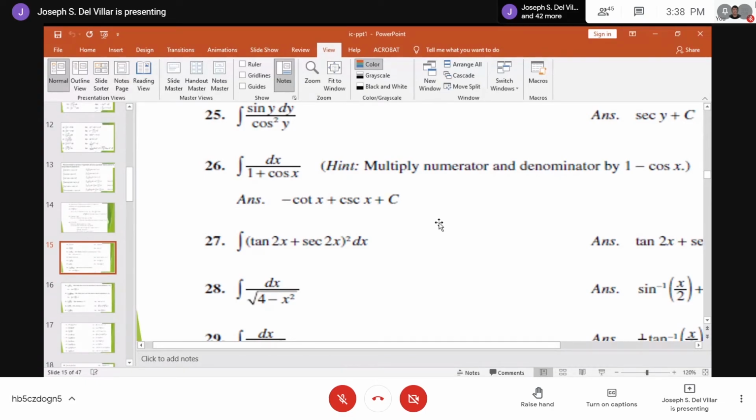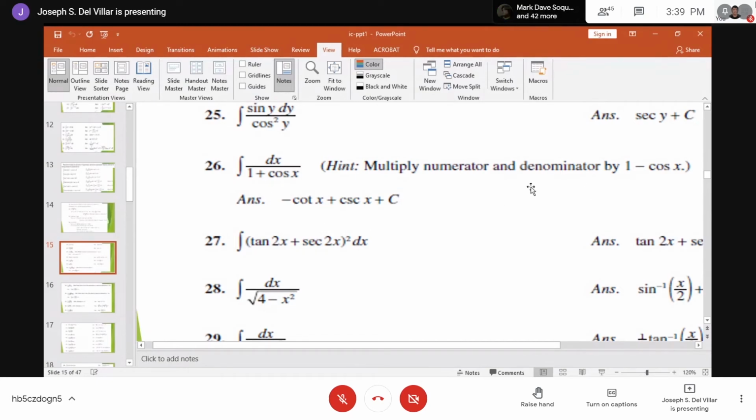Yes, that's correct, no? So yung denominator, i-multiply natin, the product is simply equal to 1 minus cosine squared x. Okay? Wala na siyang middle term. Kasi, they are both conjugate of each other, no? Pag minultiply nyo siya, wala siyang middle term. So ang gagawin nyo, pag conjugate, minumultiply nyo, i-square nyo lang yung first term.